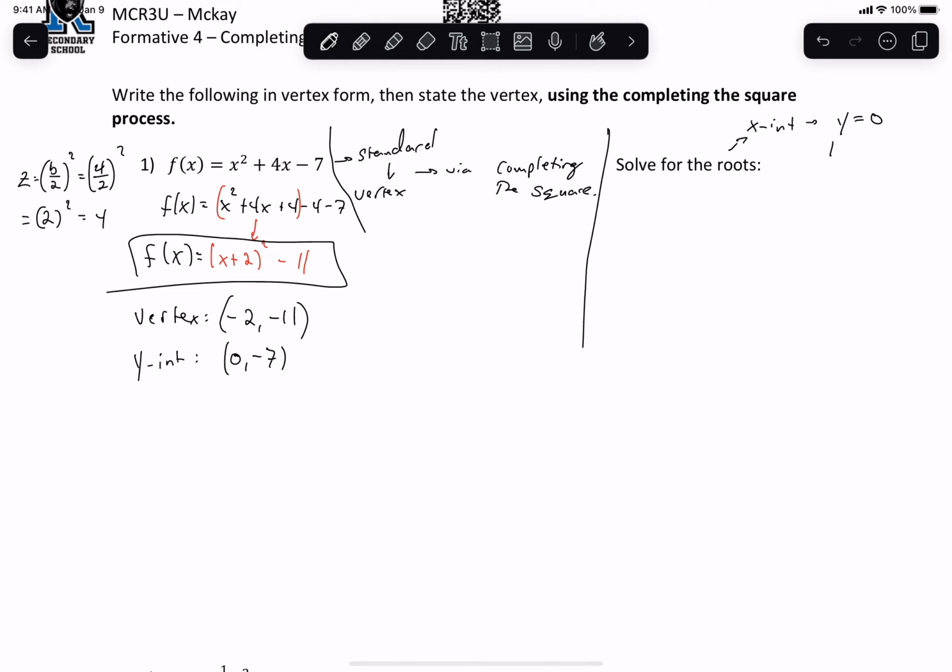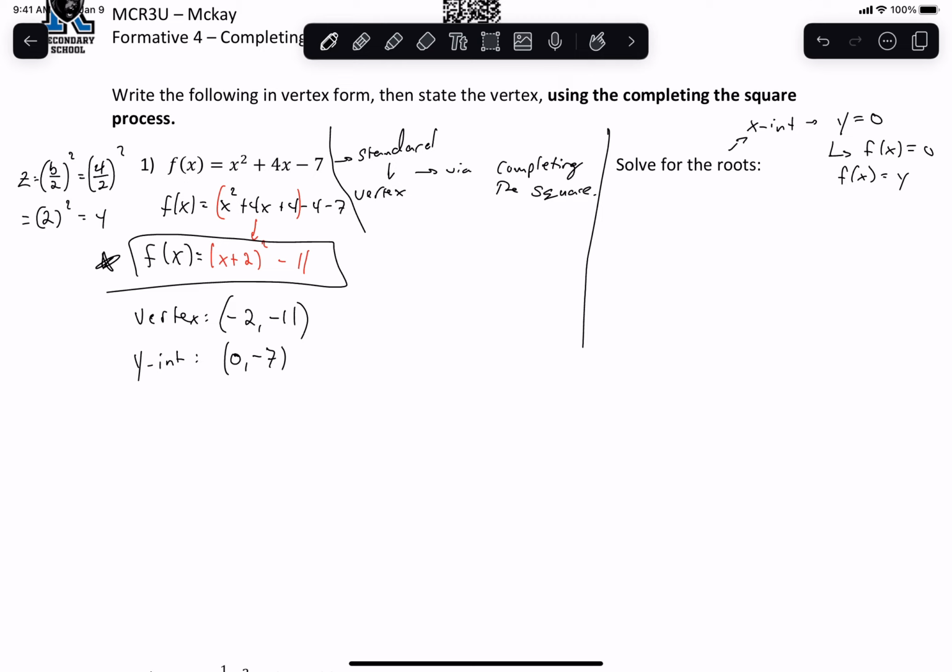So that also translates to f of x is equal to 0, because f of x is equal to y, if you need a reminder. So I'm going to set that equation in vertex form equal to 0. This one, not the original, because I know the original doesn't factor. We're solving for the roots.